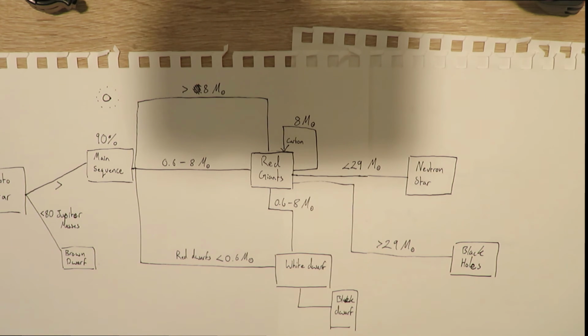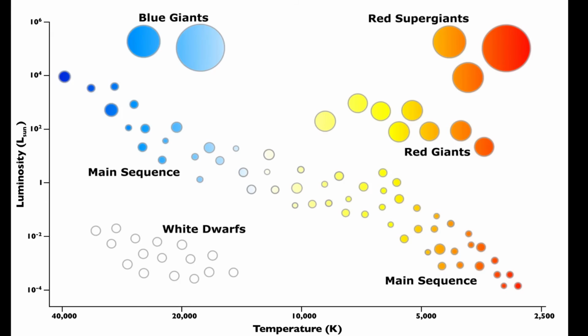So there is this diagram called the Hertzsprung-Russell diagram, but that is another way of visualizing the life cycle of a star in a less kind of linear way.